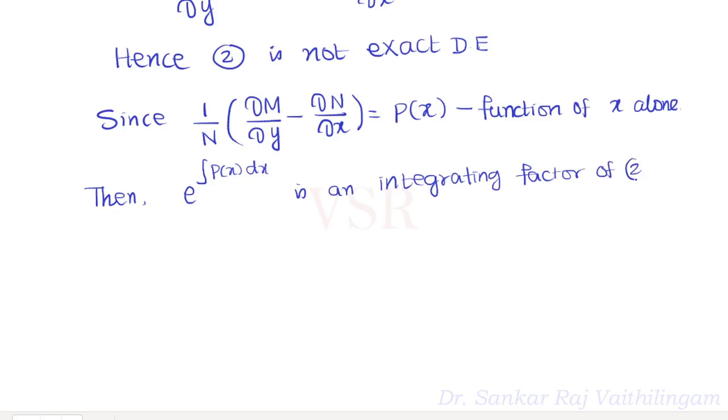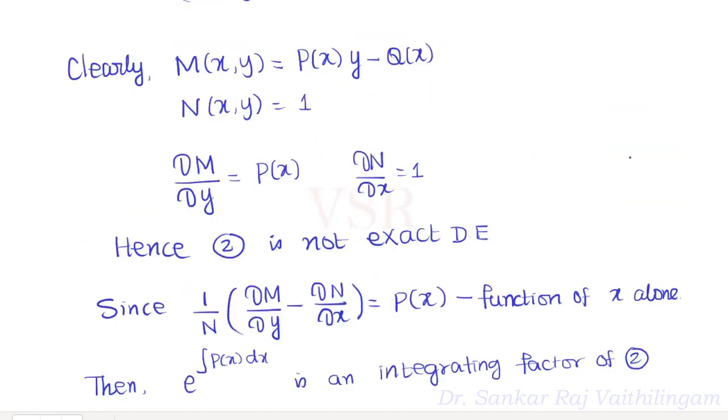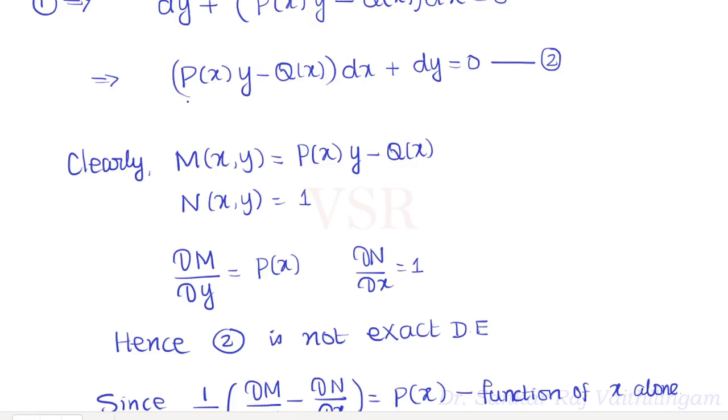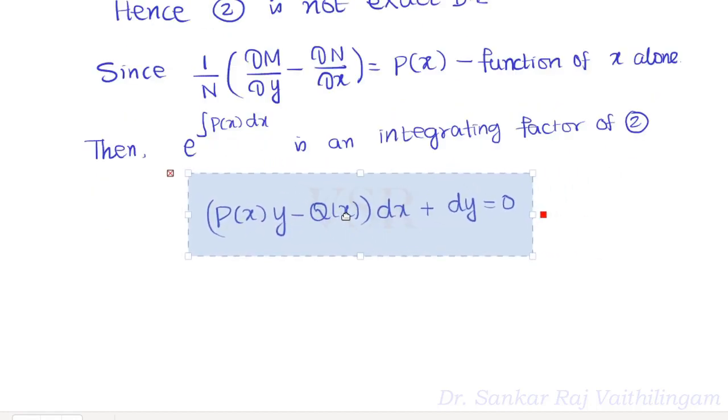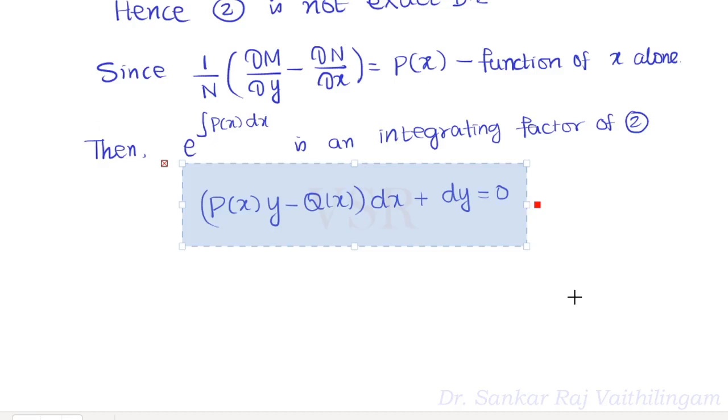Okay, for this differential equation 2, the integrating factor is e to the power integral of p of x dx. So I copy this and paste it, and multiply this equation with e to the power integral of p of x dx.